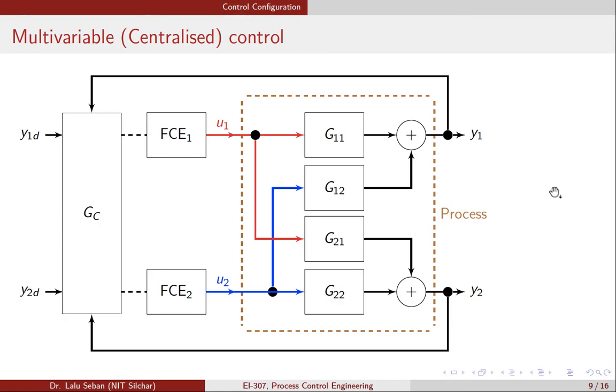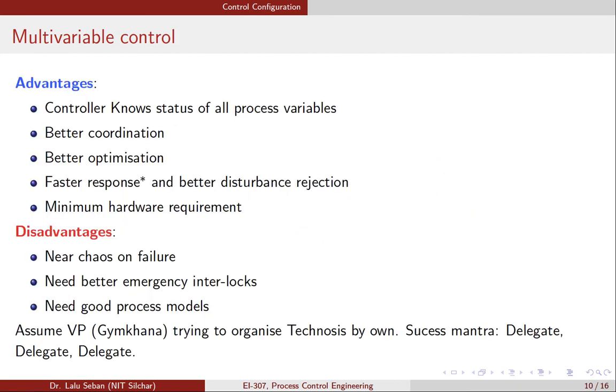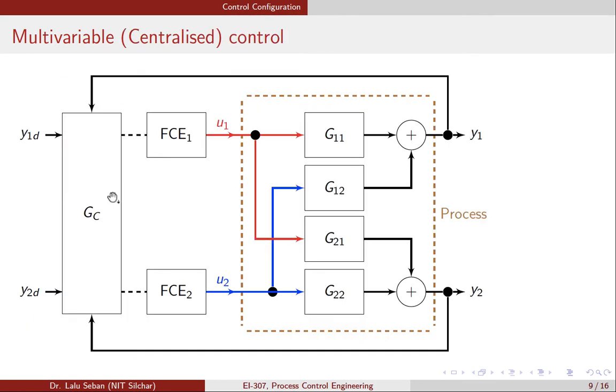Fine. Now, what are the advantages and disadvantages of centralized control? It is very clear that we are having only one controller. If something happened to that particular controller, that single brain, everything will be damaged or everything will become unstable. So you have to understand, if this controller fails, at the same time this loop will fail, and at the same time this loop will fail.